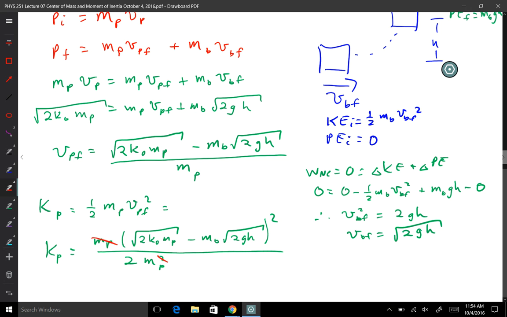So it should have 2 MP on the bottom, which rules out only 1. And on the top, we should have the square root of 2K MP minus MB 2gh. So on mine, it's this one, which of course you can't even see what I'm clicking. And it says continue. So that is the correct interpretation.